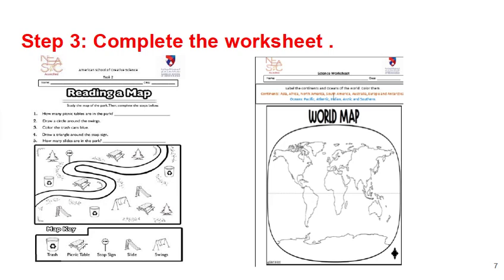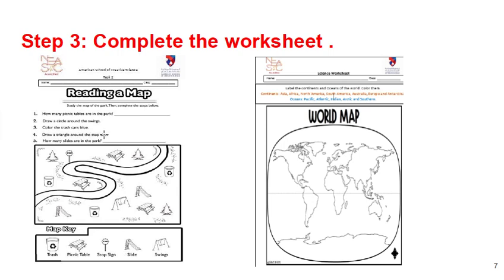This one says it's a picnic table. This symbol is a stop sign. This one is a slide, and this one is a swing. So these keys represent the pictures which are on the map, and it tells you what exactly these pictures are. It can help you.